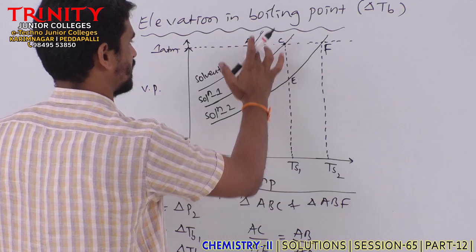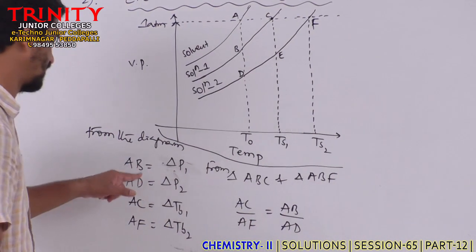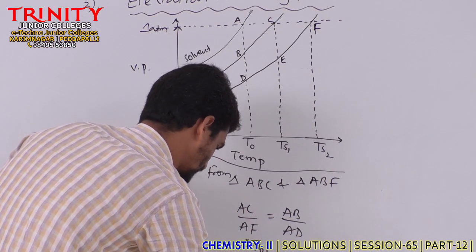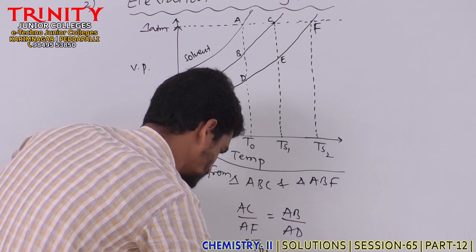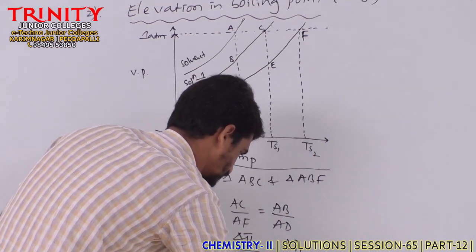AC by AF is equal to AB by AD. Clear? So from this, AC is delta TB. So delta TB1 by delta TB2 is equal to AB, which is delta P1, by delta P2.